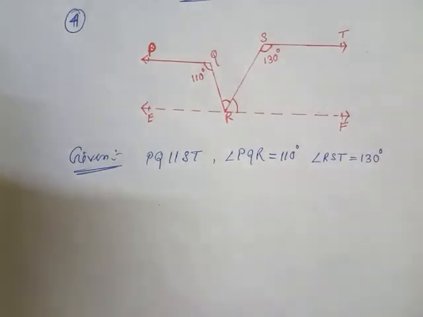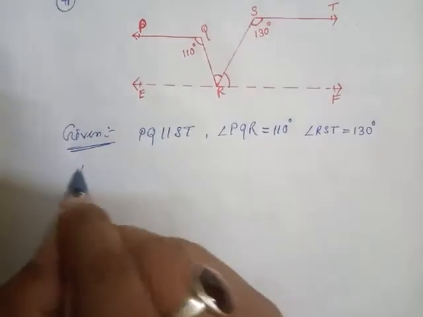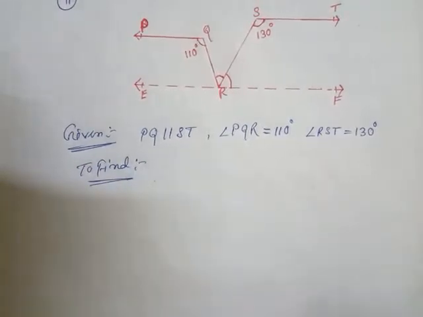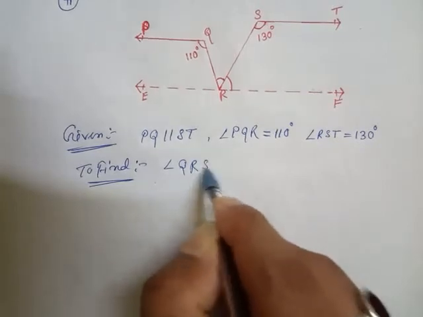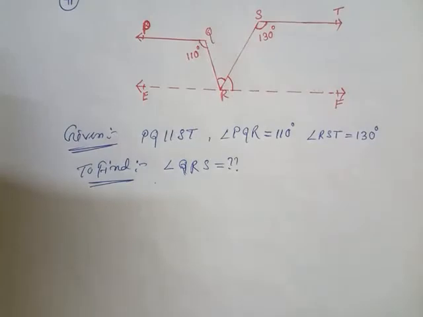This is the given part. Now we have to find angle QRS, which equals question mark. Now look, student, how to solve the next portion.